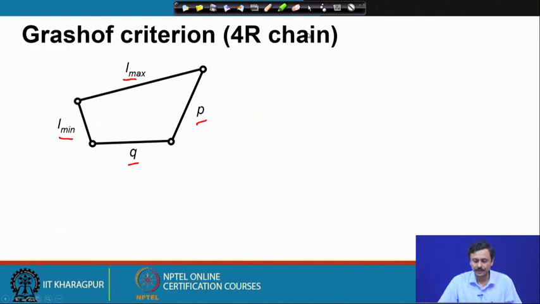So, what is the Grashof criterion for a 4R chain? This criterion is for determining whether a link exists in a chain which can rotate completely with respect to all other links. What does this criterion say?